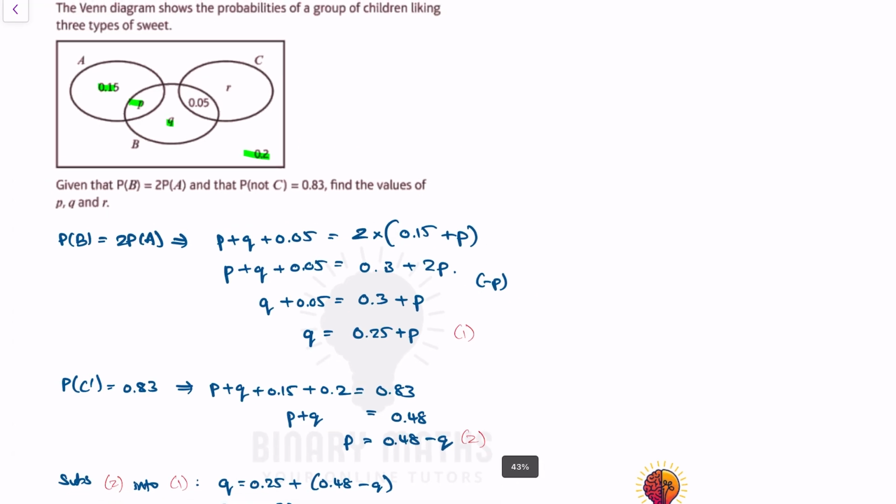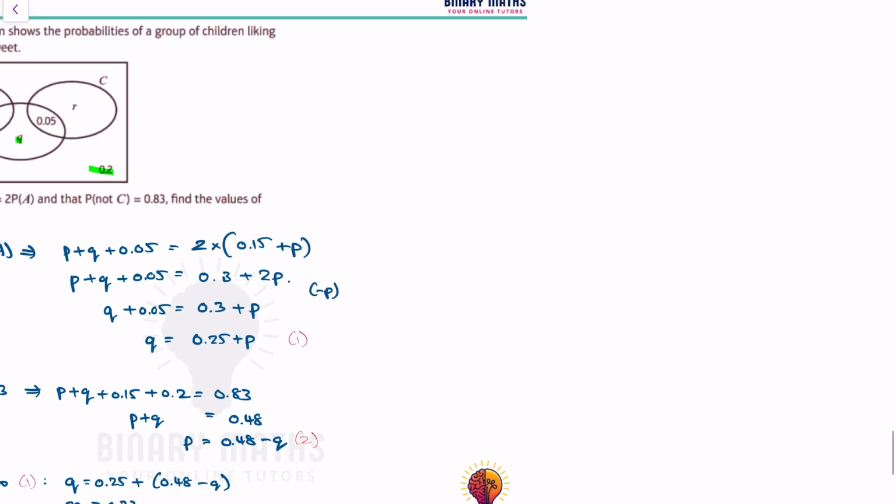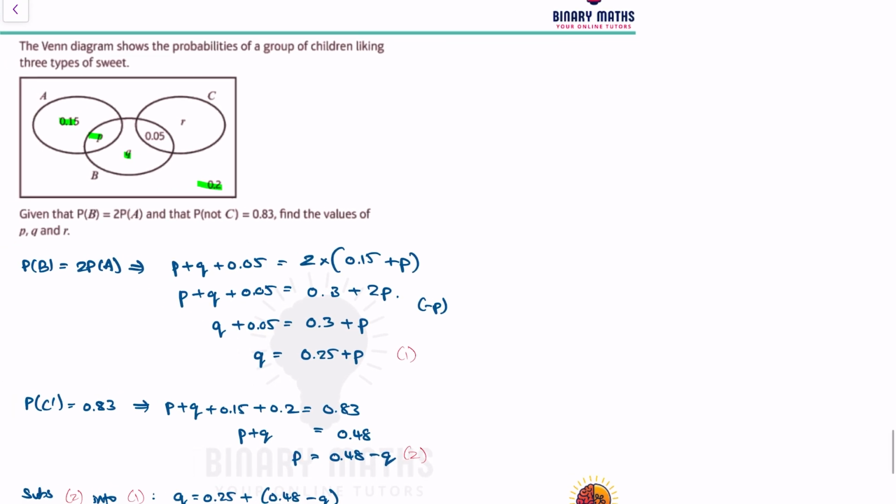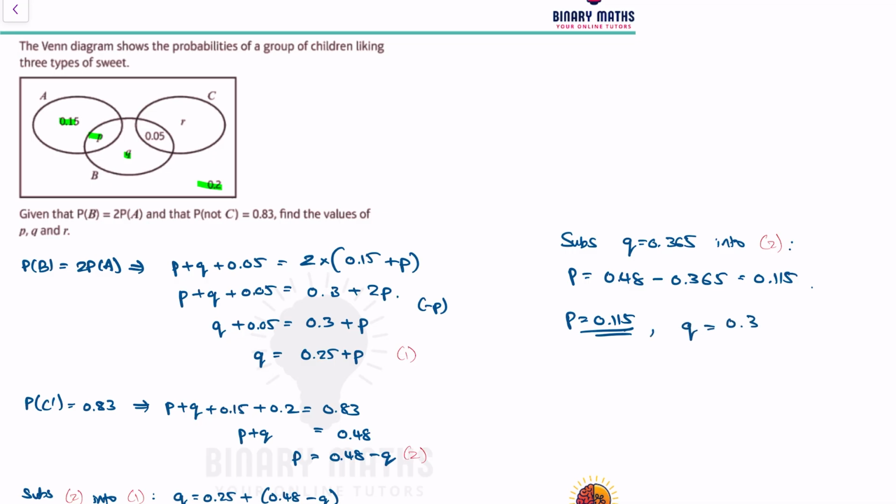Okay, now I need to substitute Q is equal to 0.365 into, let's just do it to 2. Then I end up getting P is equal to 0.48 minus 0.365, which is equal to 0.115, which means P is equal to 0.115 and Q is equal to 0.365.